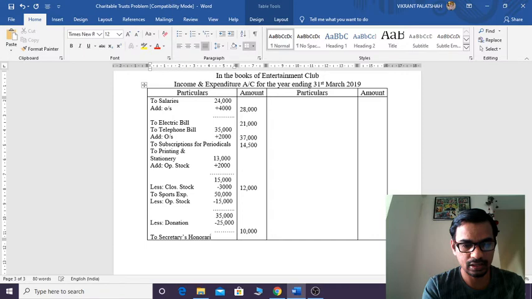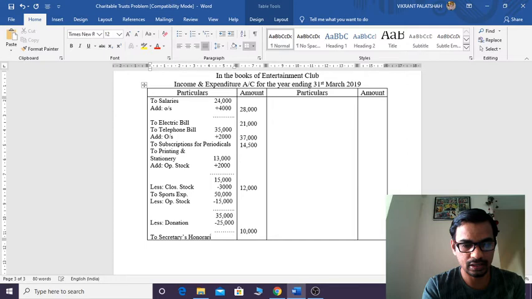And then the next one is balance carried down, cash and bank. That is also recorded under the balance sheet. So from the payment side, all the things are now transferred. Now we have to refer the adjustments and find out anything that we have to transfer from the adjustments. Later on we'll refer to that.